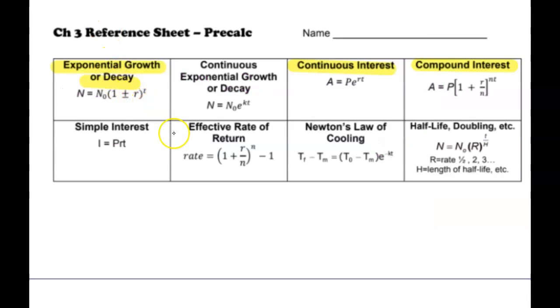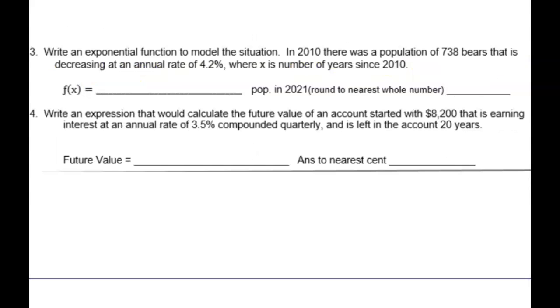All right. Then the next 2 on this section are applications, and really the only ones we have used so far are exponential growth and decay, continuous interest, and compound interest, okay? So those are on your little half sheet. Write an exponential function to model the situation. In 2010, there was a population of 738 bears, decreasing at an annual rate of 4.2%, where x is the number of years since 2010.